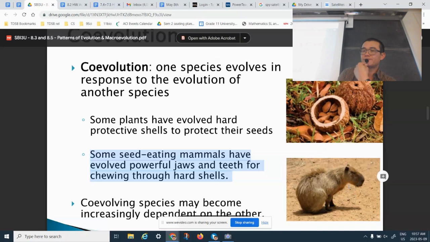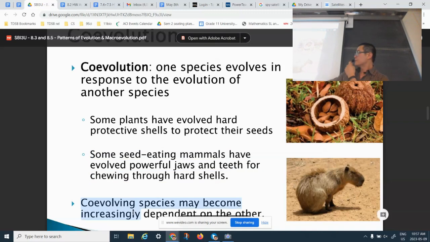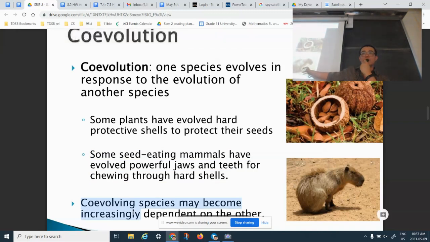This mammal developed powerful teeth specific for the shells, and so later on, the plants might have harder and harder shells, and the mammal might evolve more specialized mechanisms to break through that shell. Maybe eventually, their mouth and jaws might not really fit to break through other seeds and other shells. They become very dependent on this.